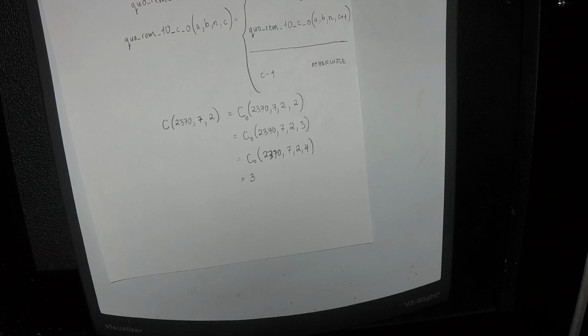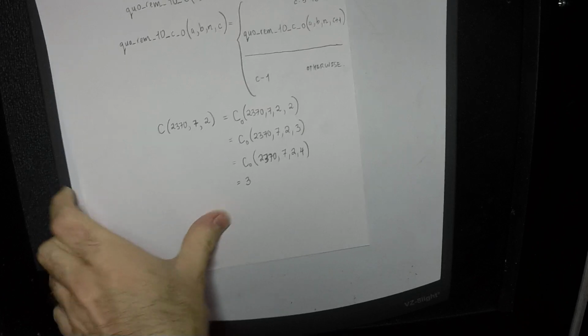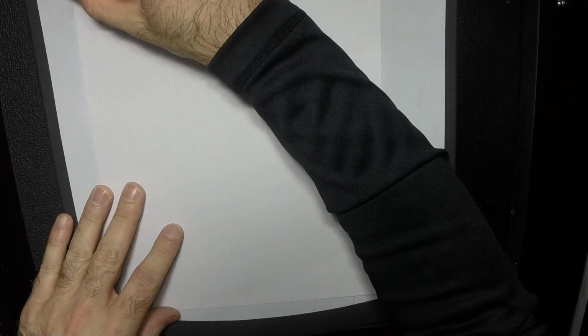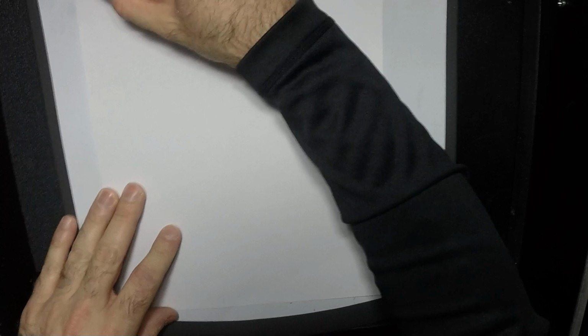So that means we now finally need a function to orchestrate all of this together. So now the function that ties all of this together.